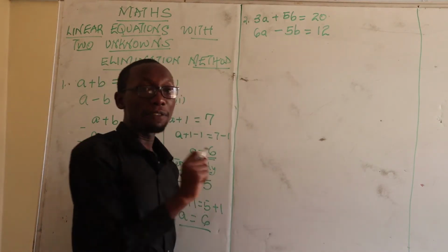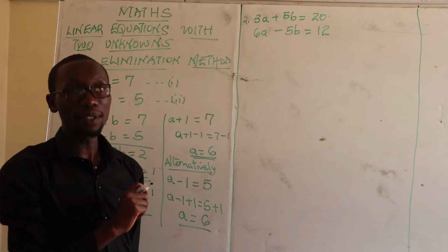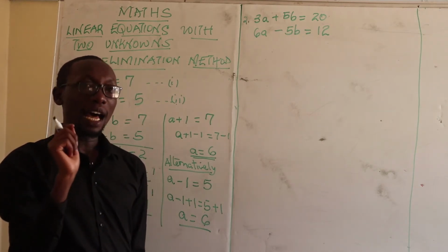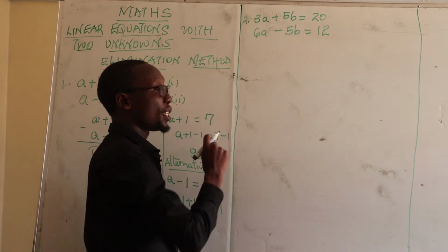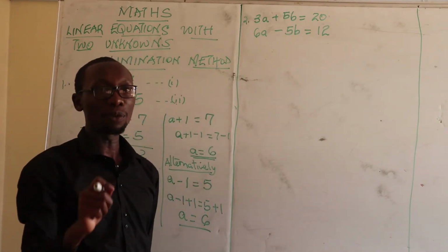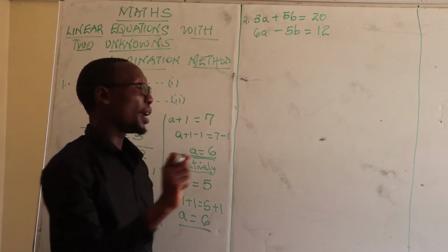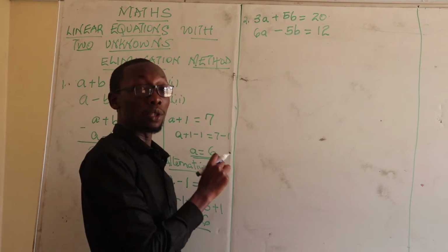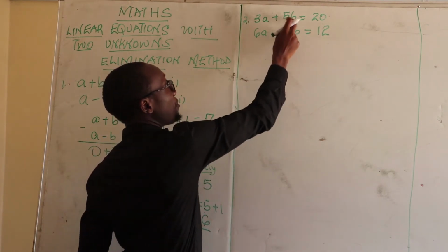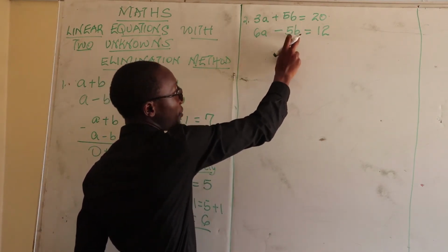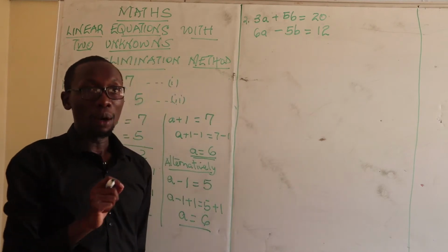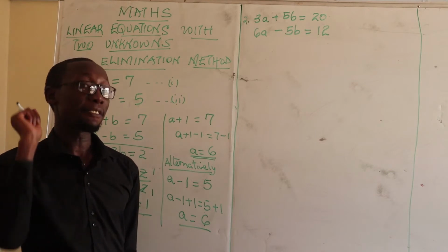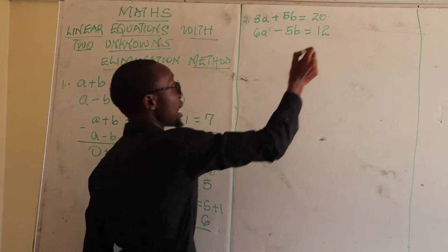When you have different coefficients for the unknowns, first you need to check: do you have similar coefficients for the same unknowns in both equations? In this pair of equations, you will notice that we have 5B, and here we also have 5B. So we have similar coefficients for the same unknown in the first equation and in the second equation.